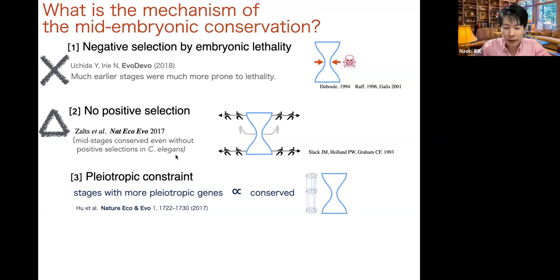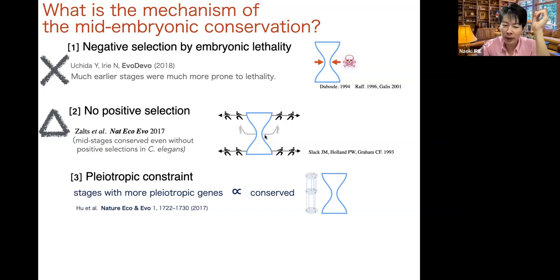Using C. elegans, they nicely demonstrated, well, they could artificially create an environment without positive selection. And they have done experimental evolution. And they found that even without positive selection, the mid-embryonic stage remains conserved. So this hypothesis was not sufficient to explain it.